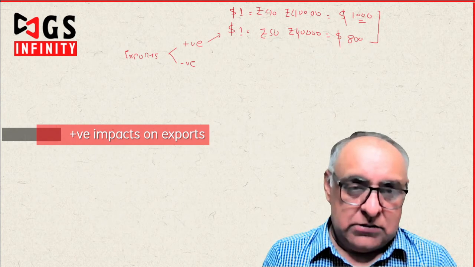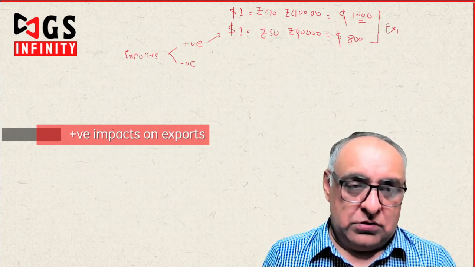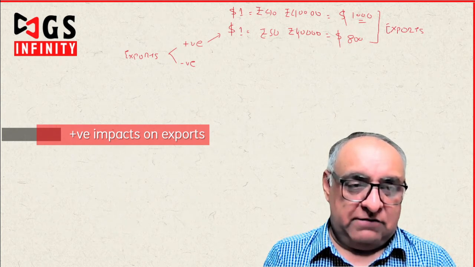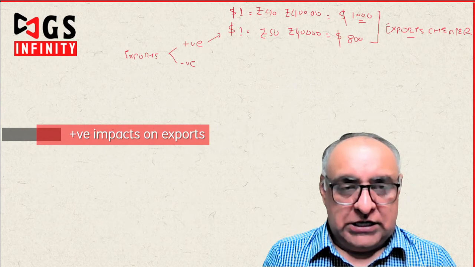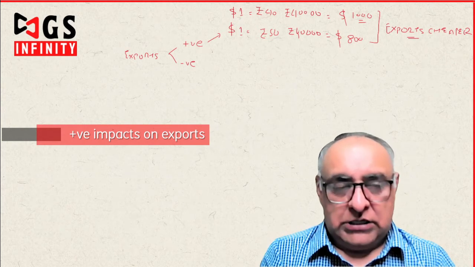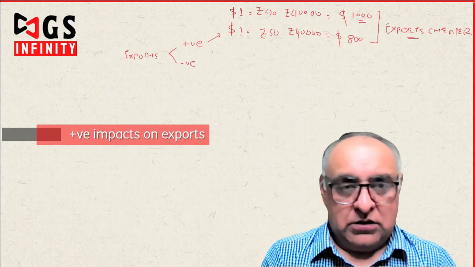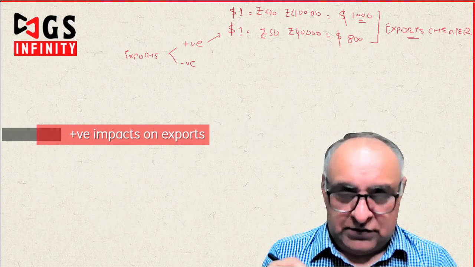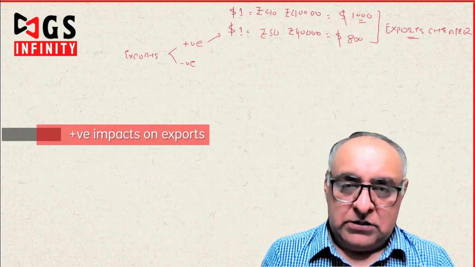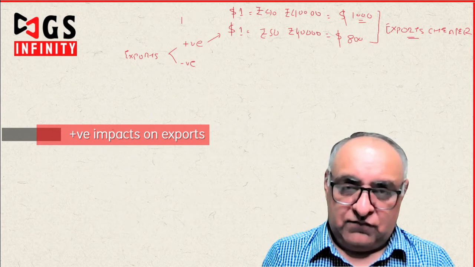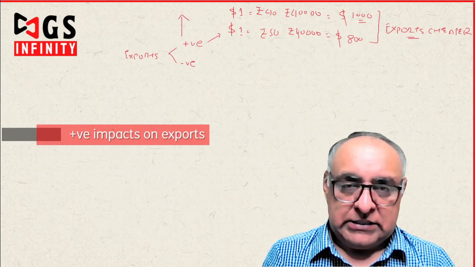It means exports have become cheaper. If exports have become cheaper, it would be beneficial for a foreign buyer to import goods from India. So the exports from India would increase in this case.